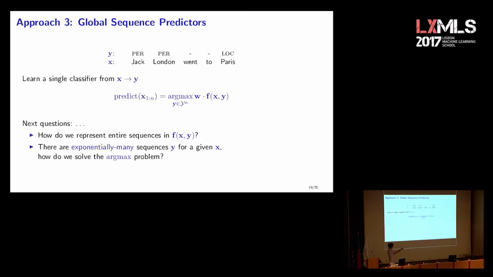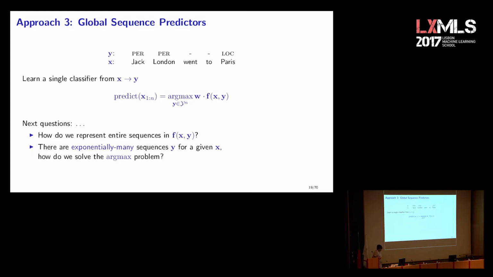So it's like a classifier that takes full inputs and outputs at once. If I define a classifier like that, this will be the prediction: I loop over all possible sequences and choose the one that is the best. I'm mimicking classifiers, but at the sequence level.